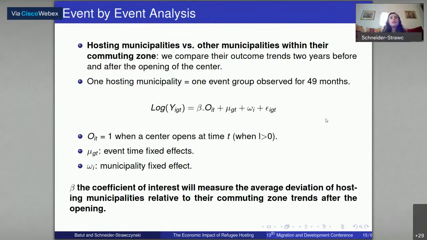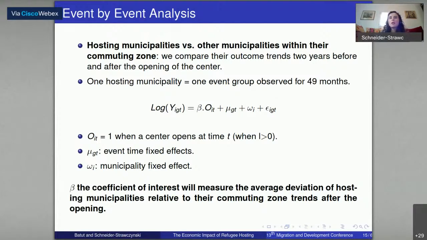So what we do is an event-by-event analysis, where we compare the outcome trend 2 years before and after the opening of a center between hosting municipalities and non-hosting municipalities, but within the same commuting zone. And so we perform this event-by-event analysis over 49 months with event time fixed effects and municipality fixed effects.